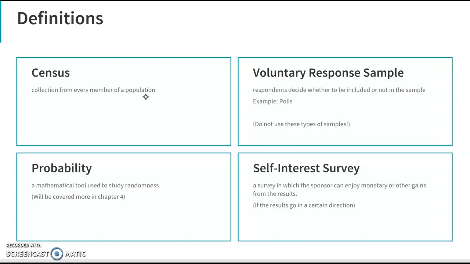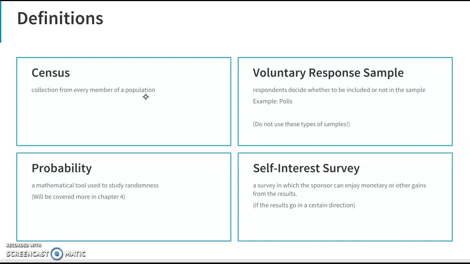If the drug does work, then he can sell the drug and get money from it, right? So if he's conducting an experiment on it, then he might want to, or she might want to, fudge the numbers just a little bit to go a certain direction.